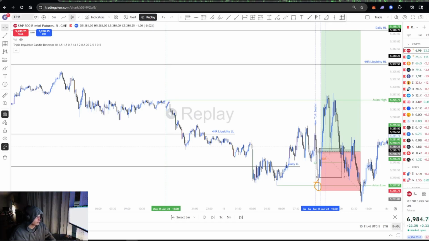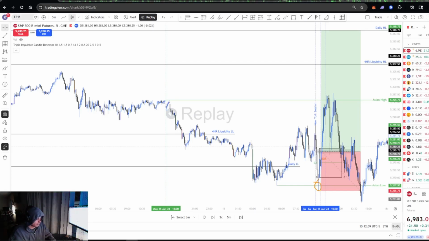That would be my first. Wait, I messed up. So, New York session open, and I remember I saw that fair value gap first. That's what I saw first.